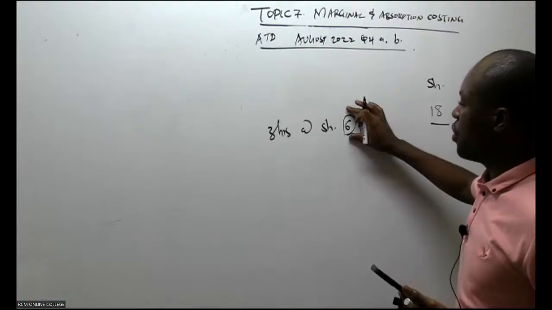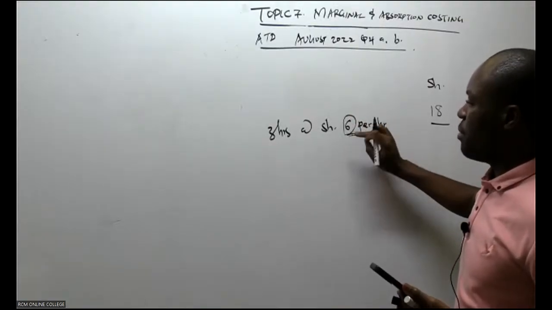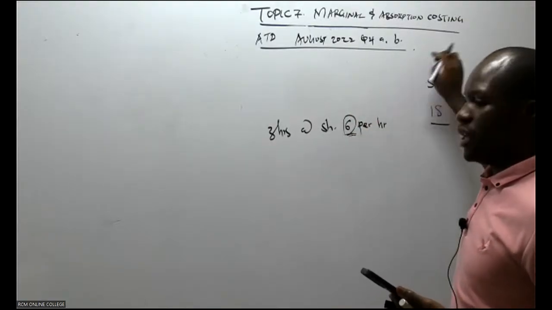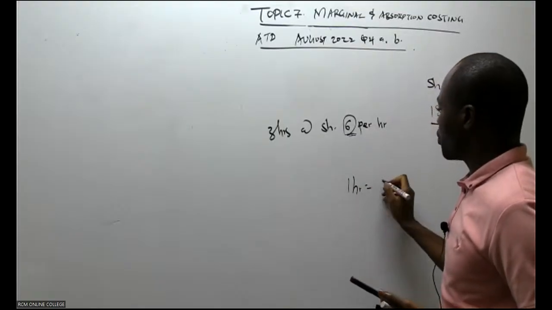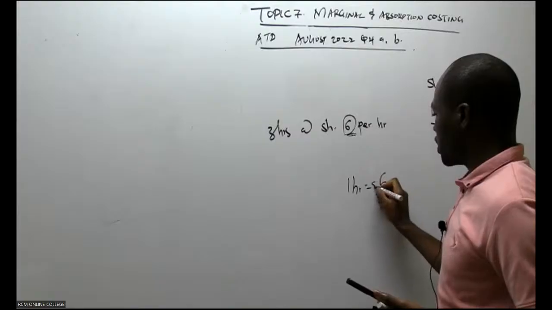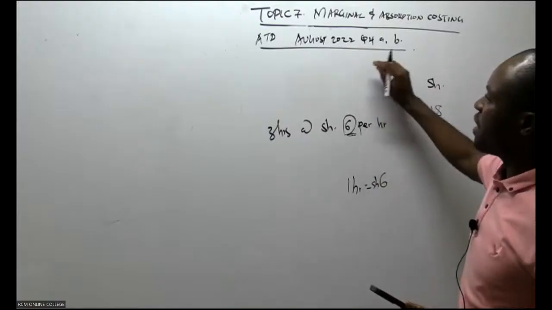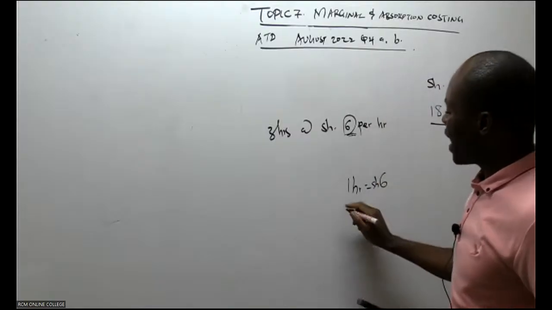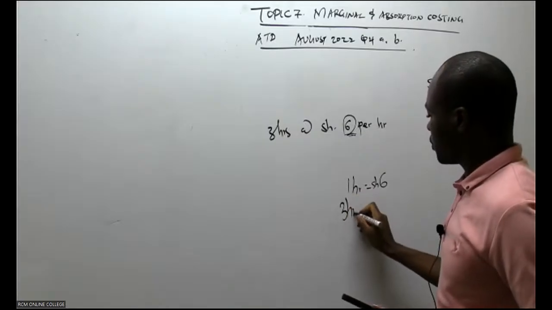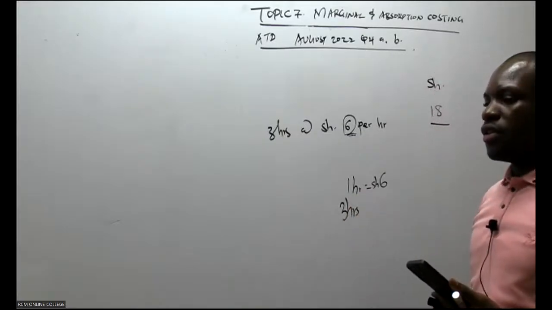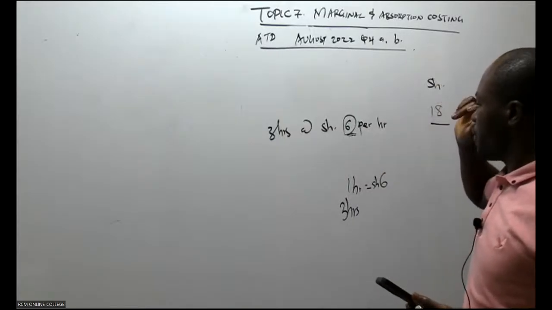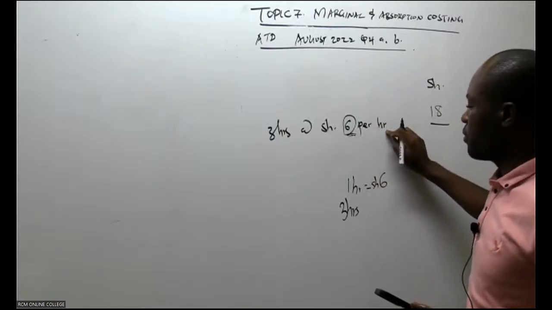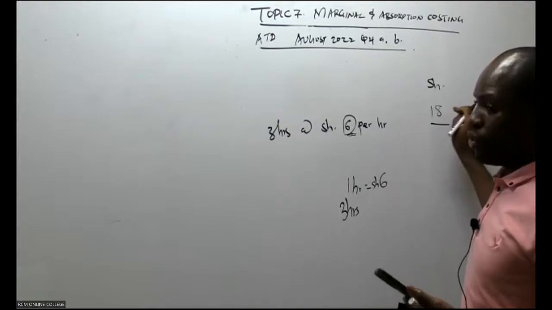This one here is the cost per hour, but not cost per unit. 1 hour is equal to 6 shillings. But this particular product Z requires 3 hours. It needs 3 hours for you to produce 1 unit of Z. So please don't confuse the cost per hour with the cost per unit.